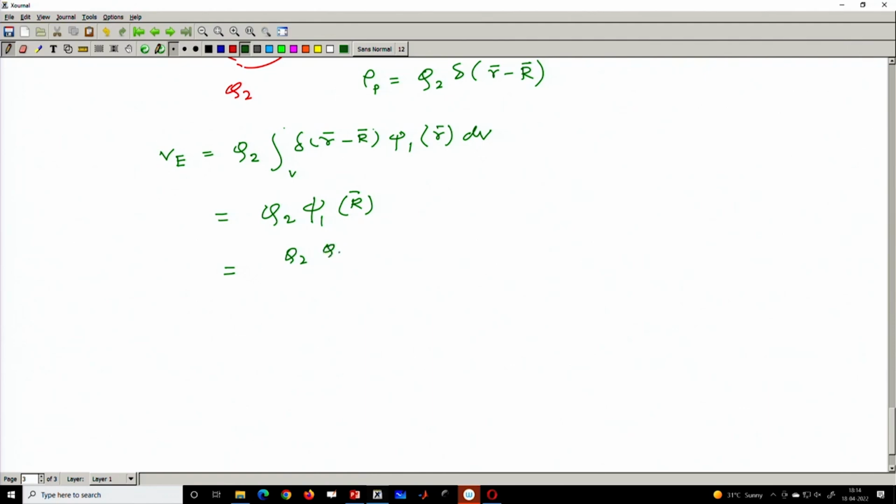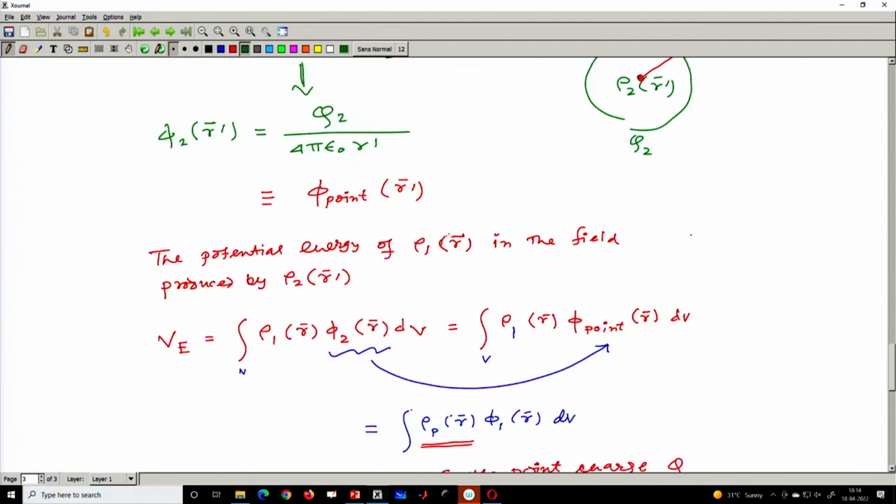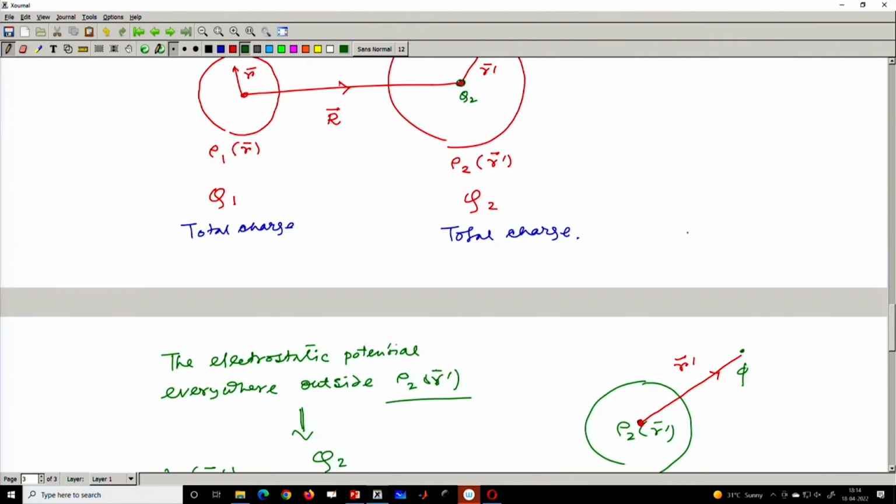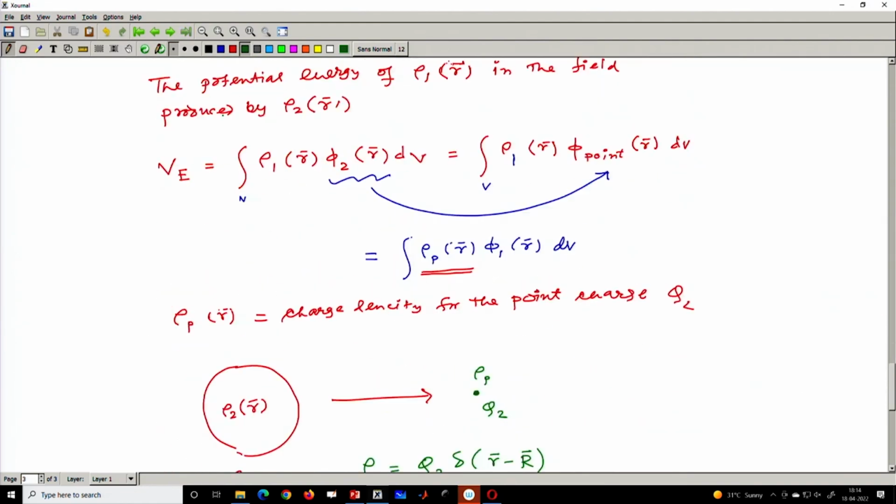So, it is q1 divided by 4 pi epsilon 0 and r. Note that this quantity is the total charge q1 divided by 4 pi epsilon 0 and r, that is the potential due to the charge distribution here, whatever we have.